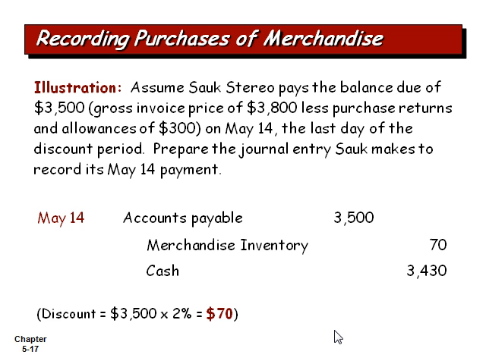And we're going to debit accounts payable to eliminate that $3,500, and then we get to compute the merchandise discount, and that's $3,500 at 2%, which equals $70, and that becomes a credit, a reduction to merchandise inventory of $70. So we owed them $3,500, we get to claim a $70 discount, we actually pay them $3,430.